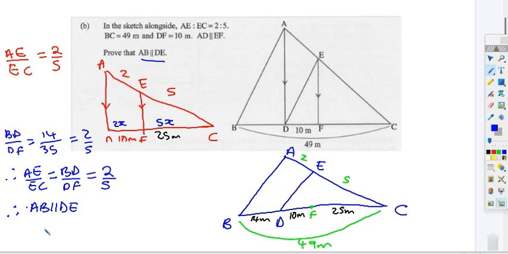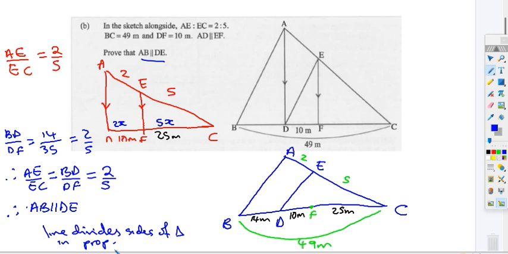And our reason: line divides sides of triangle in proportion. All right. Please go through the video, watch it and watch it and watch it again.